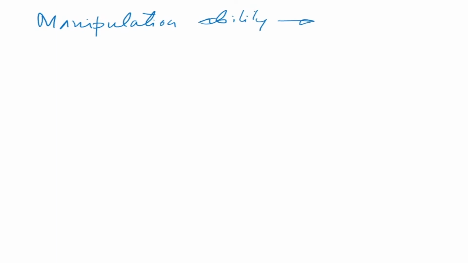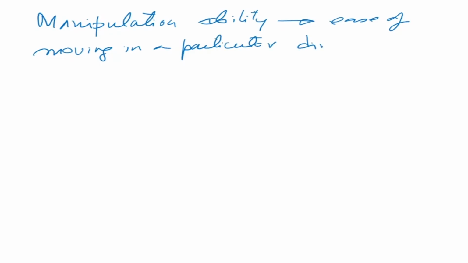Manipulability is the ease of moving in a particular direction. How easily you can move in a particular direction is indicated by the manipulability.